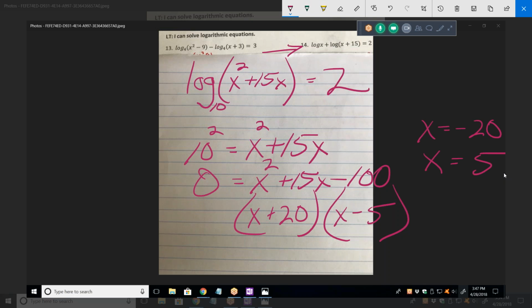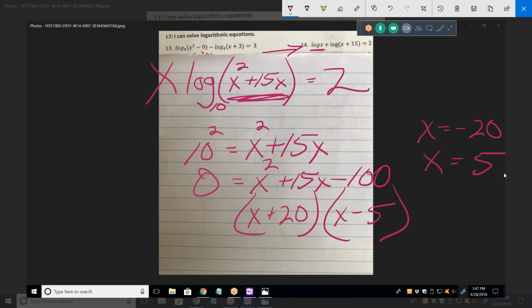Now, when you check your solutions, very important not to check against that. Always go back to the original. The reason is that neither one of these solutions violates that domain, but one of them does violate that domain right there. You cannot have the negative 20.